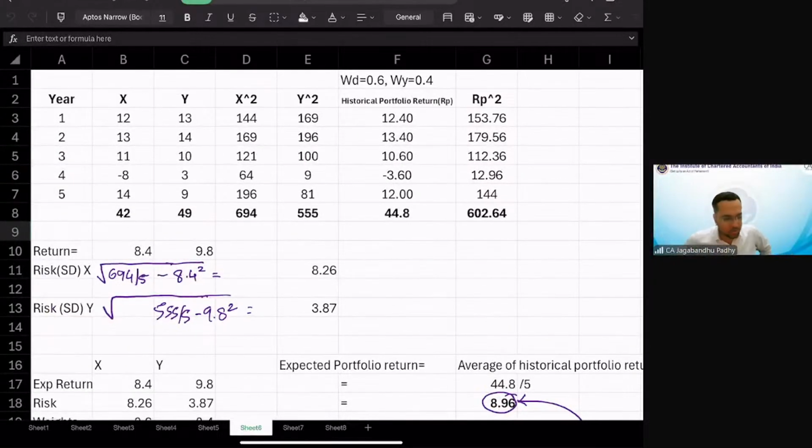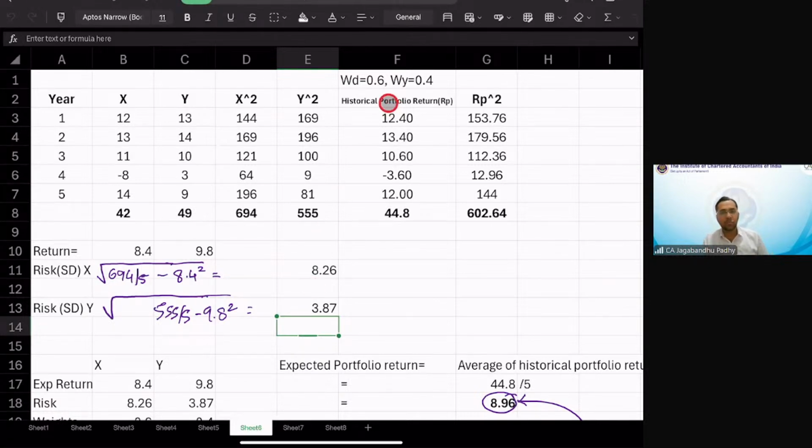Then we worked with two sets of returns between two securities, X and Y. We computed the expected return of X and Y and the standard deviation of X and Y. Then we thought, let's think of it as a portfolio, so that we can compute the risk and the return for the portfolio as such.